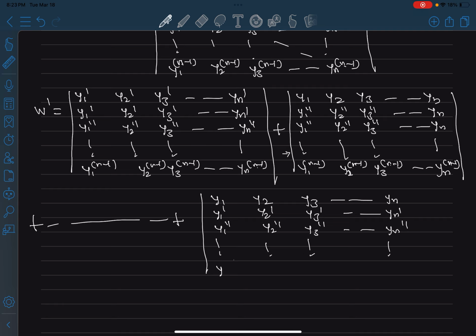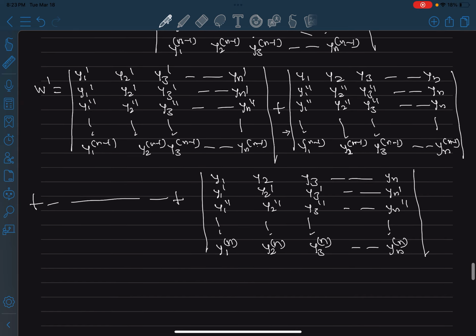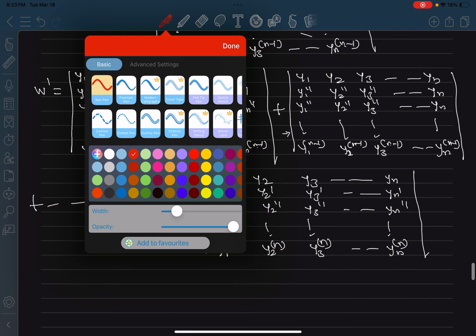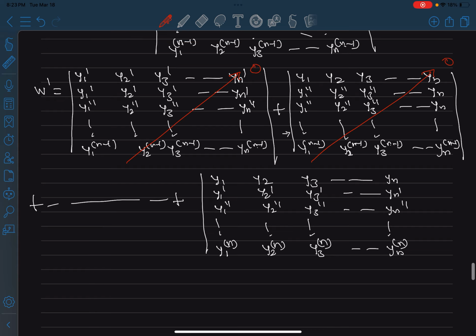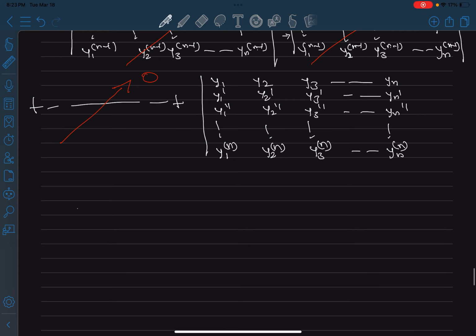Finally, because we took the derivative, this is going to become n, right? Let's write it this way so as to symbolize the derivative. Now I already know that all of these are going to go to 0, because they have two identical rows, and only the last one remains. Now let's see the last one.